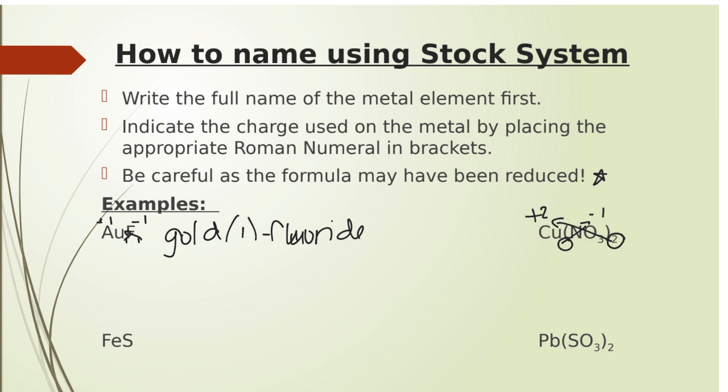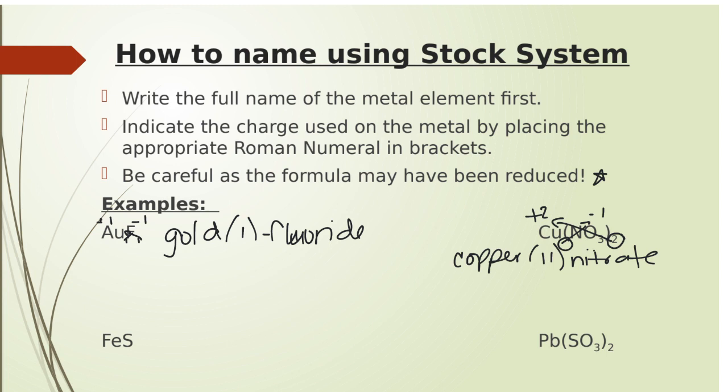Yep. Can nitrate have a charge of -1? You still have to check that in the off chance it's been reduced. And yes, nitrate's charge is -1. So we know that nothing has been reduced, and we're going to say that the name of this is copper 2 nitrate. Okay, so again, polyatomic ions, we use the specific name of the polyatomic.